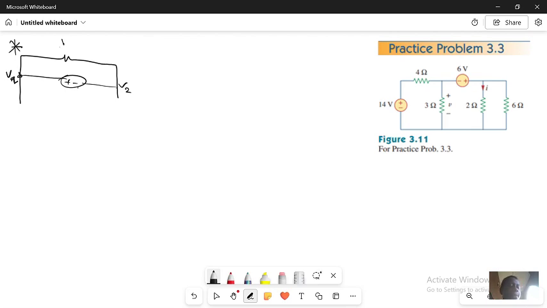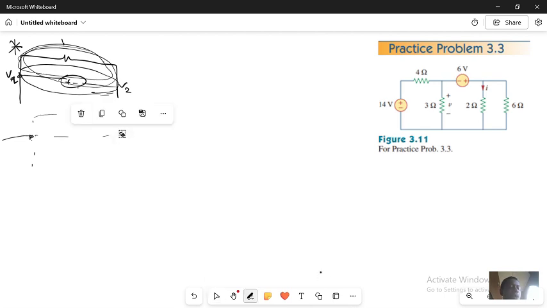If I remove this supernode, I will also remove this resistor, which is parallel. I cannot say that I have current here. This part will be removed. Why? Because it is in parallel with the source.